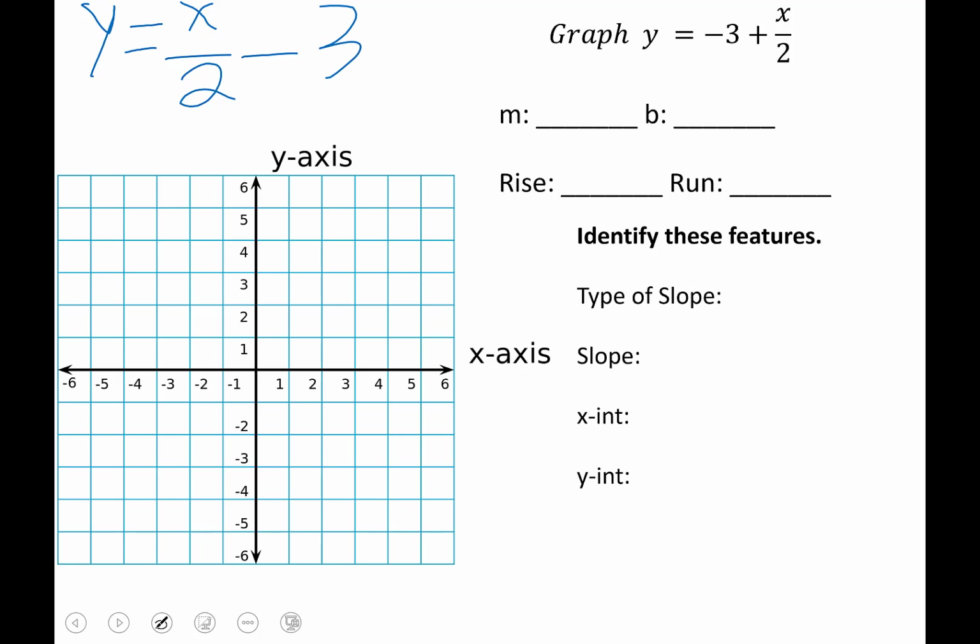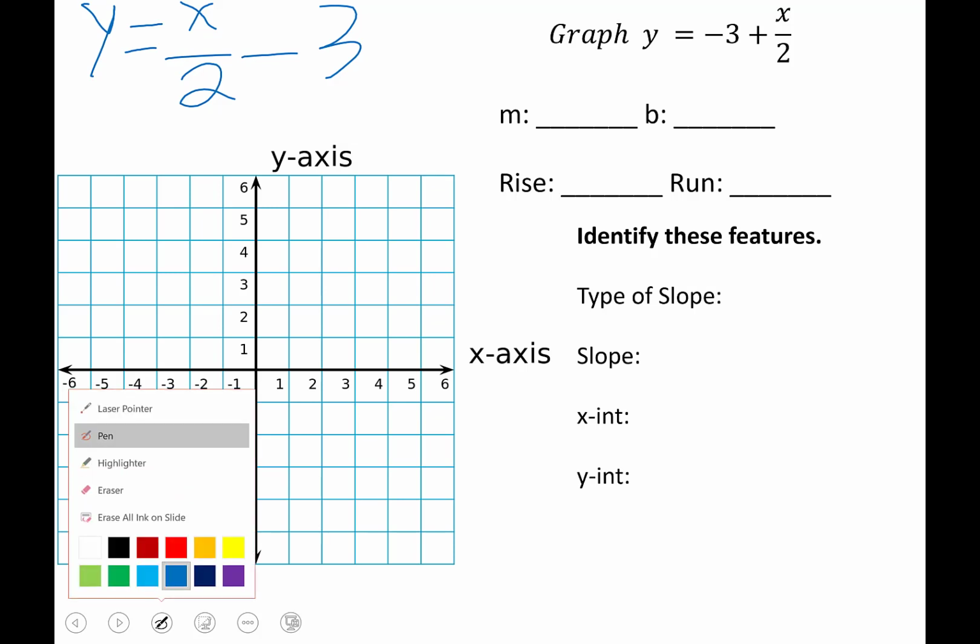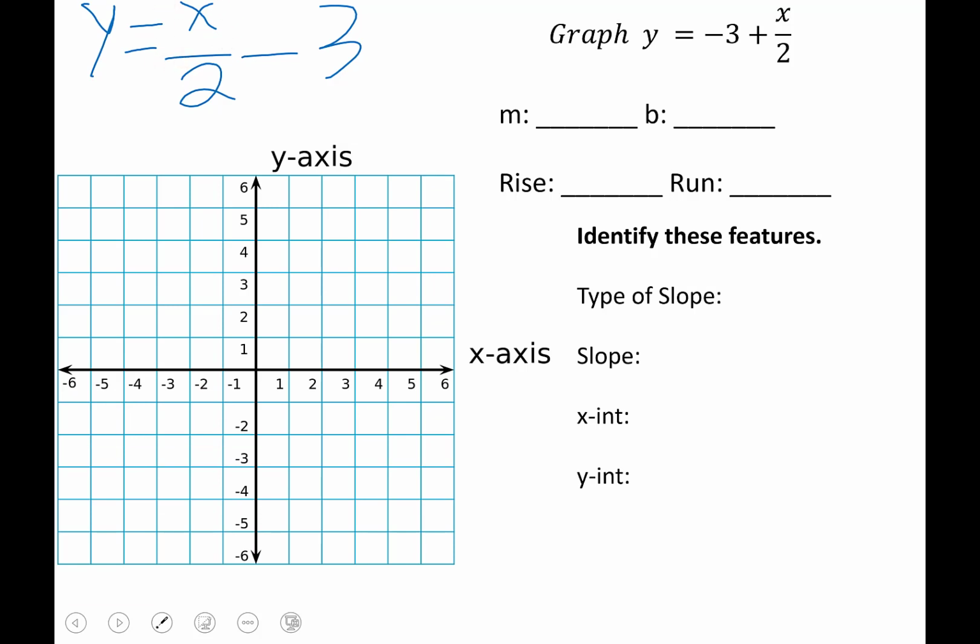Well, now we're looking at this, what is my m? Don't be confused and go, well, it's 2, because it's the number dividing x. Dividing is not what we're looking for. We're looking for the number that's multiplying. So another way to rewrite this slope is to write y is equal to 1/2 x - 3.